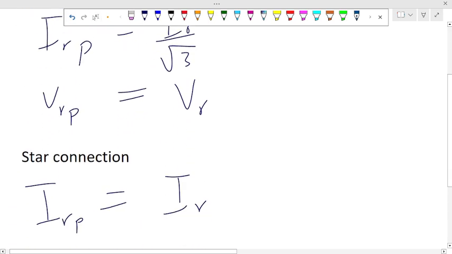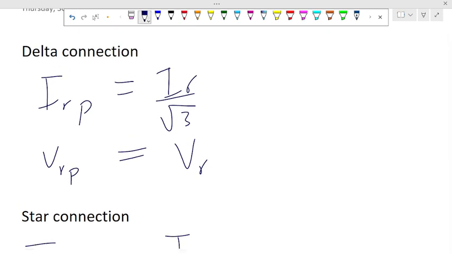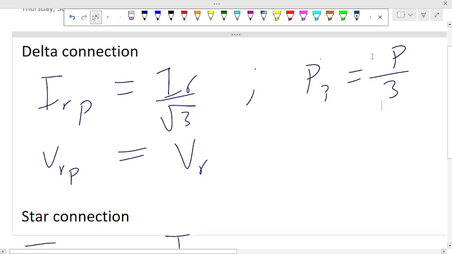However, for the power, it's just to divide it by 3. So the power per phase is the total power divided by 3. That's the total power for 3 lines divided by 3 to get the power for 1 line. This is for 1 line, this is for 3 lines, divided by the square root of 3.